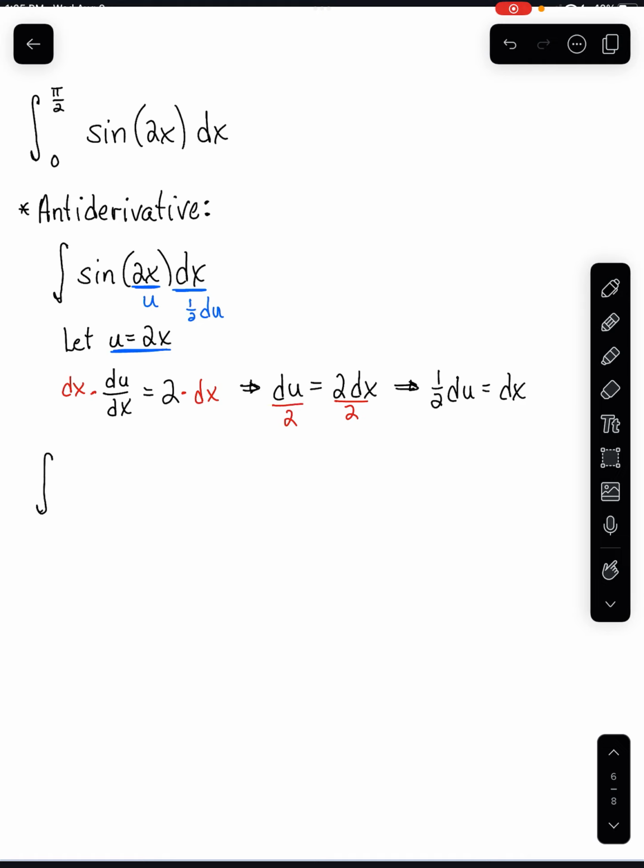So our integral of sine of 2x dx is going to be rewritten as sine of u times 1/2 du, where, as usual, the constant multiple 1/2 can be brought out in front of the whole thing and give us 1/2 times the integral of sine of u du.